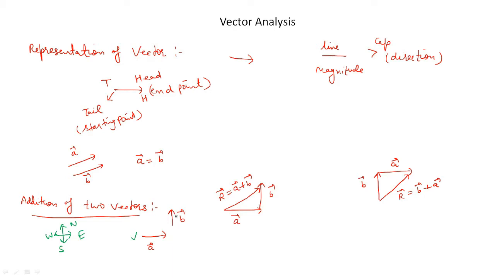Now we have to add these two vectors. So how can we add these two vectors? We will learn that. First I will draw a vector A. This is the starting point of the vector A and it is called the tail of the vector A. Now this is the head of the vector A and this is the end point of the vector A. Now here you see the direction of the vector B is given in the north direction.